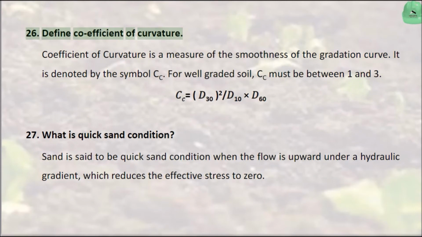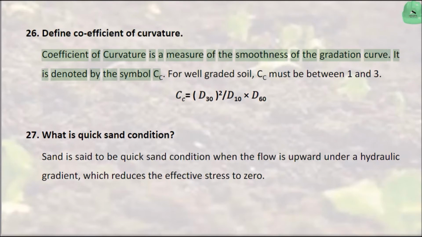Define coefficient of curvature. Coefficient of curvature is a measure of the smoothness of the gradation curve. It is denoted by the symbol CC.